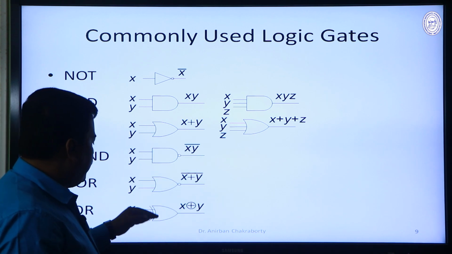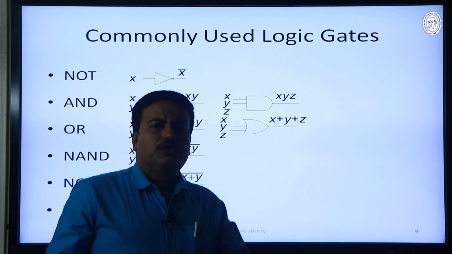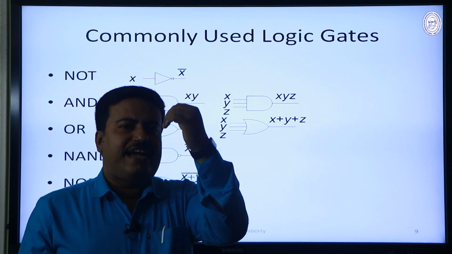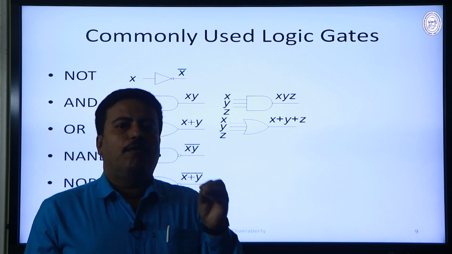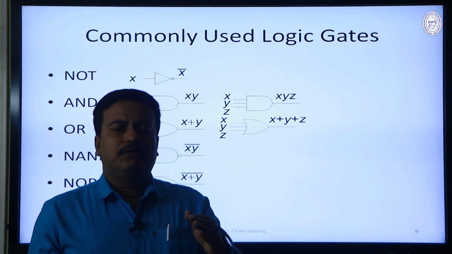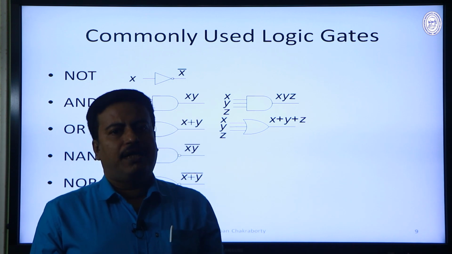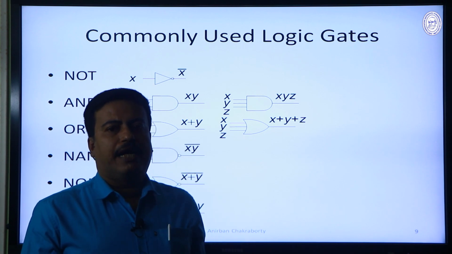Now suppose your XOR gate has 10 inputs. You have to count how many among these 10 inputs are at logical 1. Suppose among these 10 inputs, 6 inputs are 1 and 4 inputs are at 0. So 6 inputs are at 1.